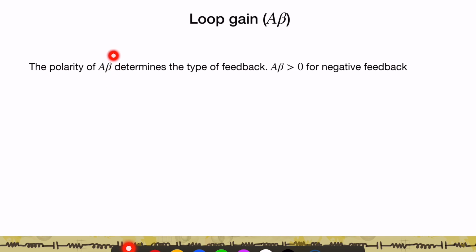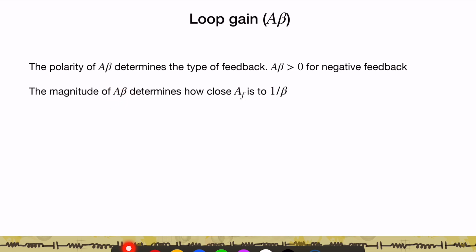Now the polarity of this A beta defines the type of feedback, and it's an important parameter. We'll come time and again to it. And this A beta has to be greater than 0 for a negative feedback. Now, as I mentioned, as A beta increases, the feedback gain comes close to 1 by beta.